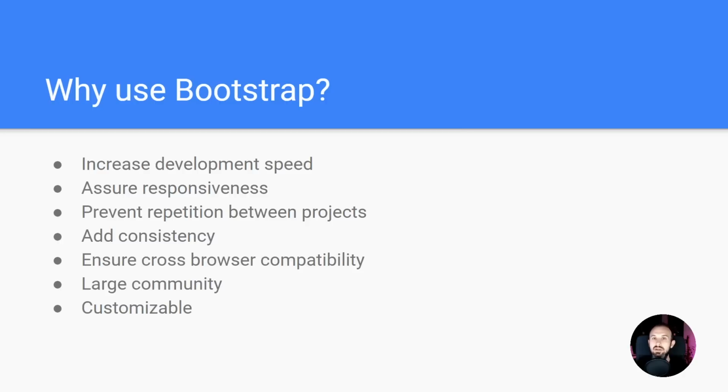So it's already been tested and verified, and if there is any error, it's already being raised and fixed very quickly because the community is really, really huge. Now, Bootstrap was made with a mobile-first approach, which means it's designed to create and assure the responsiveness of your website.